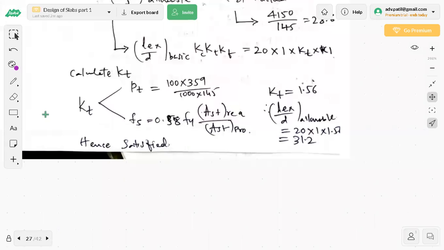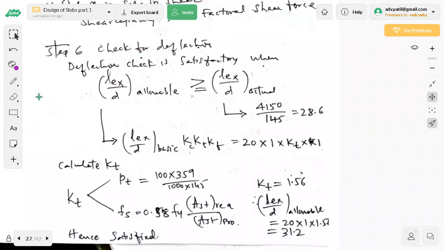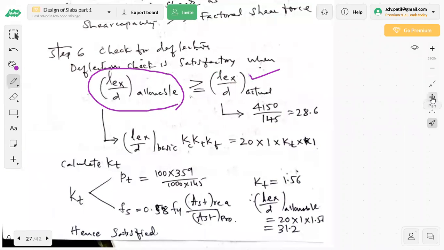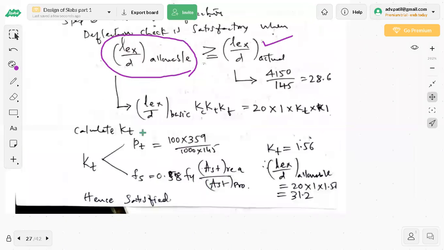All of you once again go back and try to follow this method. In one of the video lectures, it is explained how to find this using the IS code. Again and again I'm telling you, you have to learn this. It will be there in beams, it will be there in slabs. Procedure is the same. This is directly 4150 by 145. The LHS requires all these calculations.